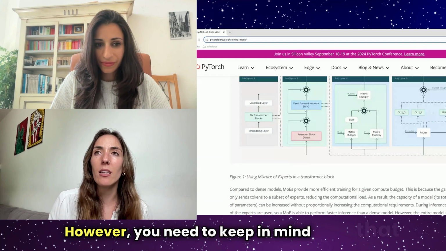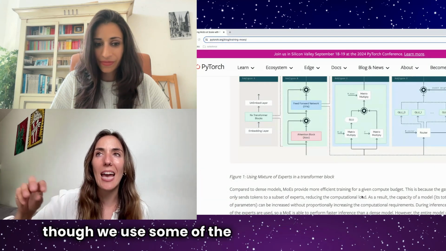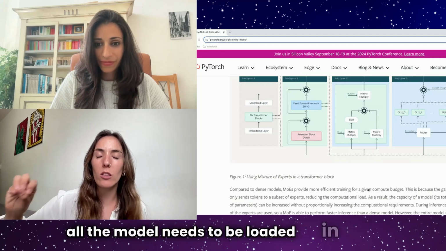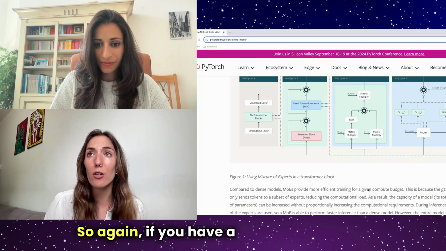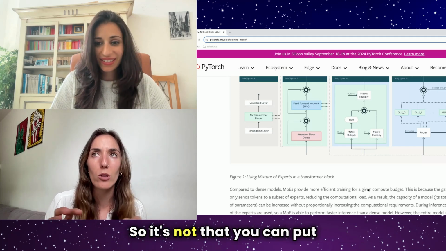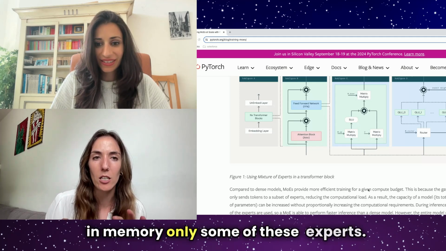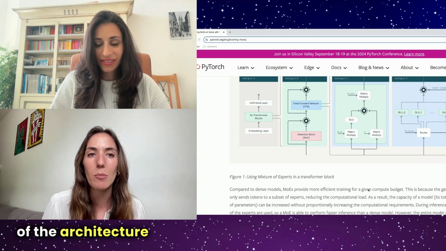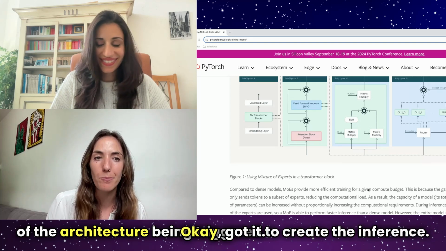However, you need to keep in mind that even though we use only some of the experts during inference, the whole model needs to be loaded in memory. So if you have a huge model with a lot of parameters, you have to account for this. It's not that you can put only some of these experts in memory. You load the whole model, but just some parts of the architecture are triggered to create the inference.